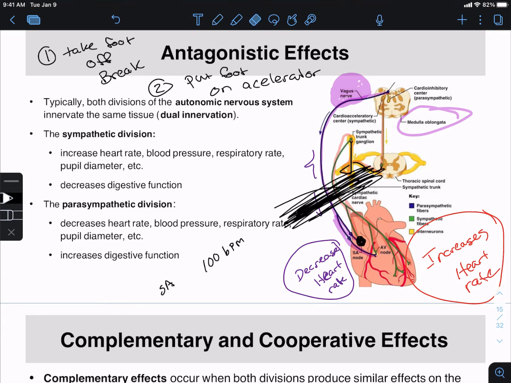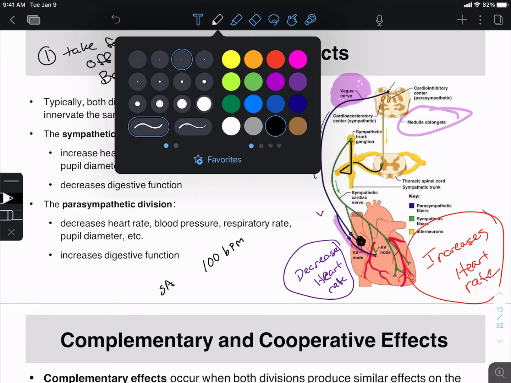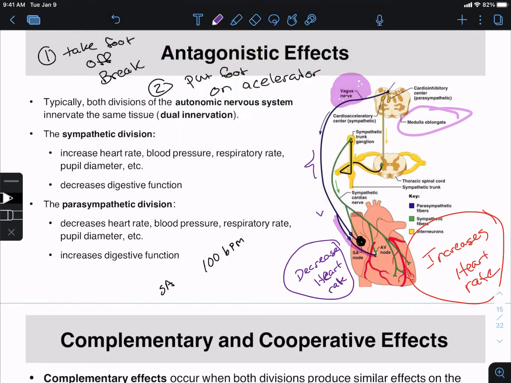But now let's assume we haven't brutally ripped those nerves out, and now we have activation of the parasympathetic nervous system. Well, as the action potentials from the parasympathetic nervous system arrive, it slows down that heart rate to approximately 70 beats per minute, and we just end up getting a steady rhythm of action potentials, keeping our heart rate at its resting pace.